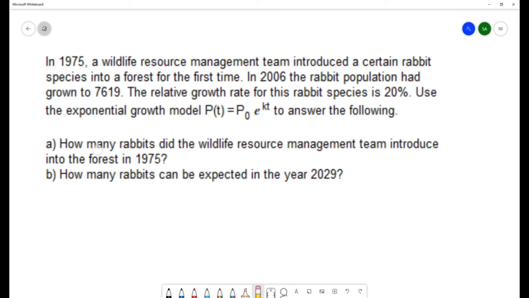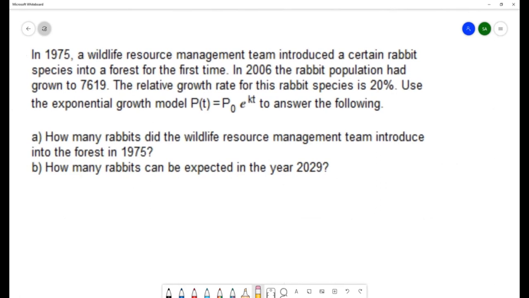How many rabbits did the Wildlife Resource Management Team introduce into the forest in 1975? And how many rabbits can be expected in the year 2029? So this model, P of t equals P naught e to the kt, is used to model the rabbit's population.